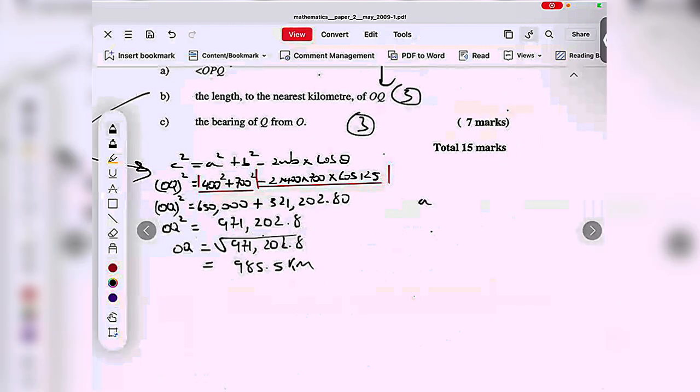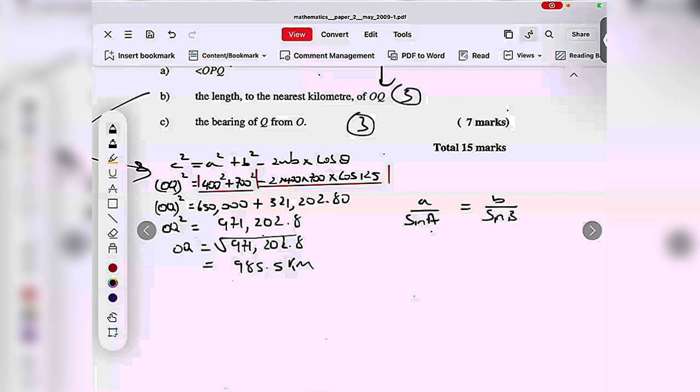So we have a over the sine of capital A is equal to b over the sine of capital B. Yes, you could, because you have all three sides. But I'm not a big fan of using the cosine rule twice. I like to show a variety, but whatever gets you to your answer.